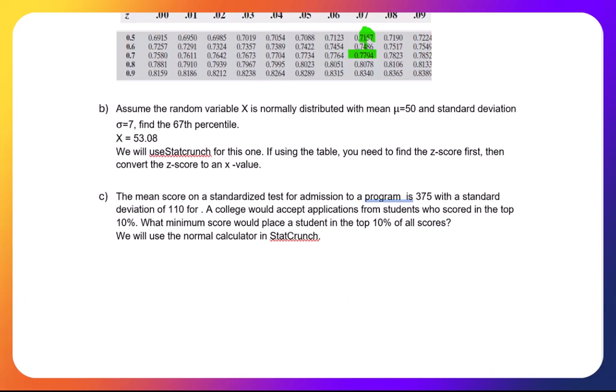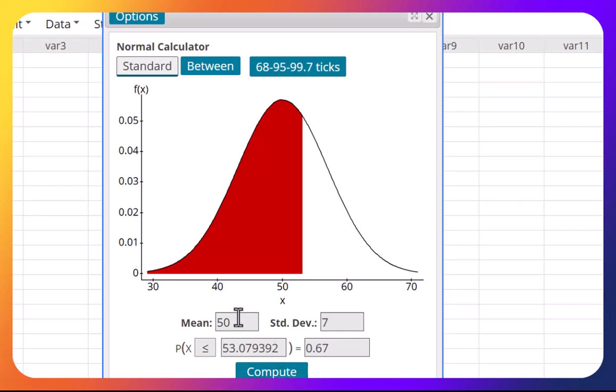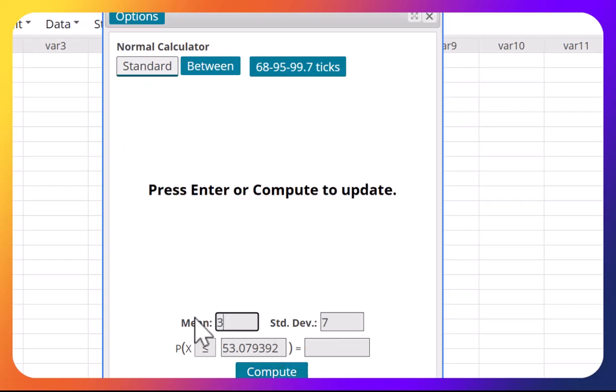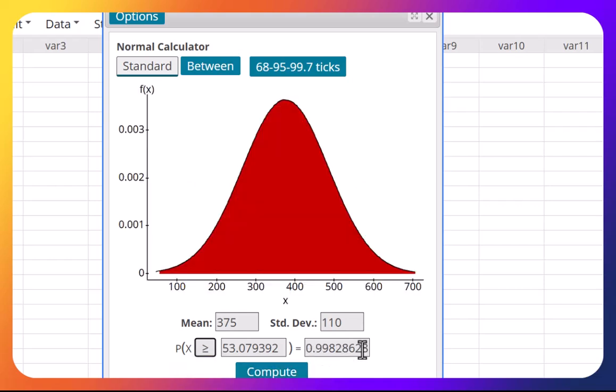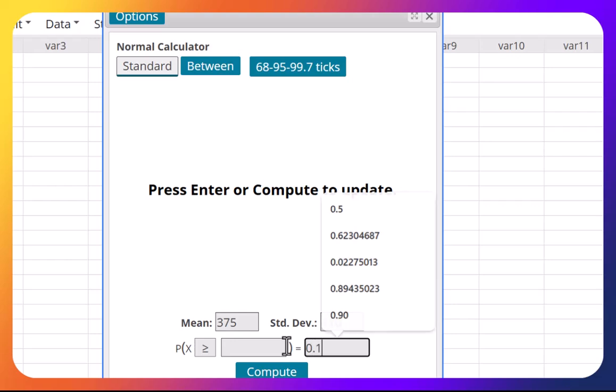Watch. So I'm going to go to StatCrunch. 375 is the mean. Standard deviation is 110. Top 10%, guys, means an area to the right. You should be just above the mean, so you're heading to the right. So we need to change this one to a greater than. And the area, remember, is always in this box here. So I'm going to put 0.10.